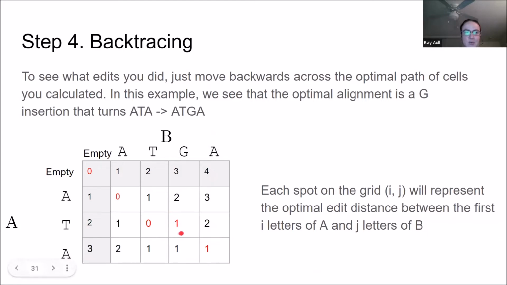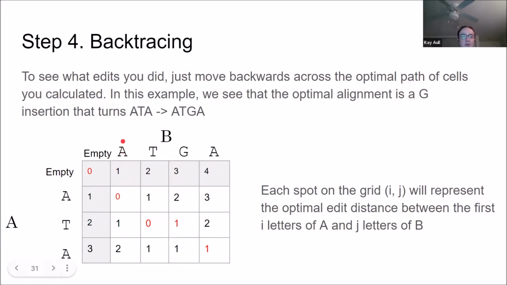In this case, you are not accepting your A. You are just accepting your B. So you are opening up a gap here in order to get to this portion where your T's match and your A's match.